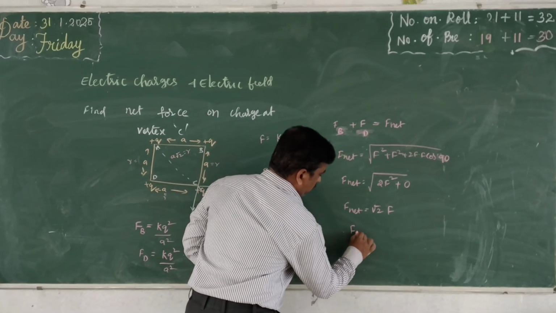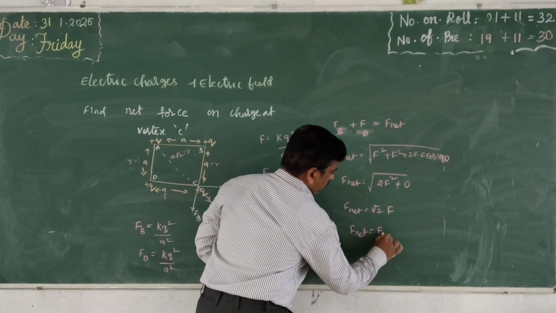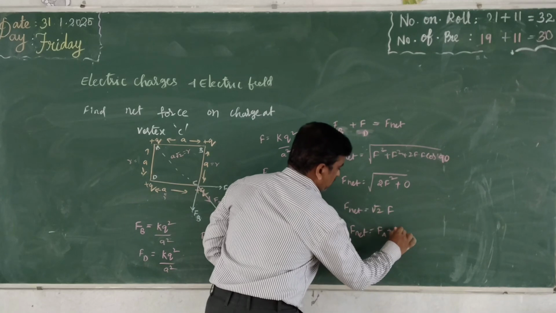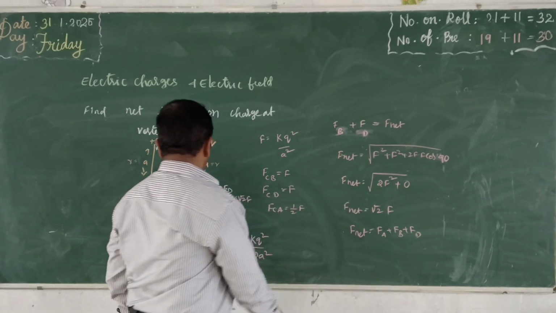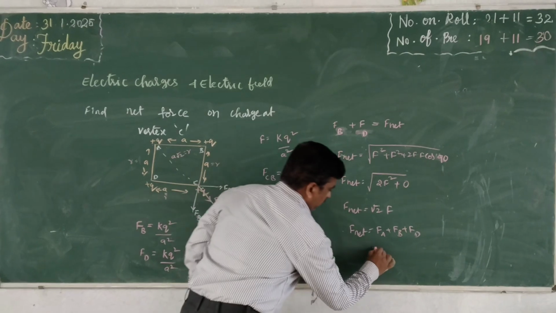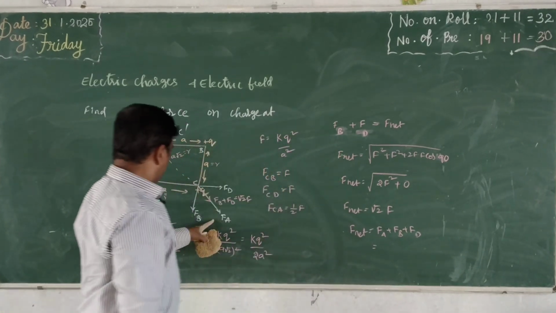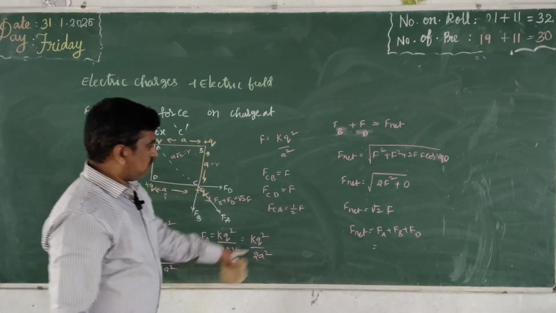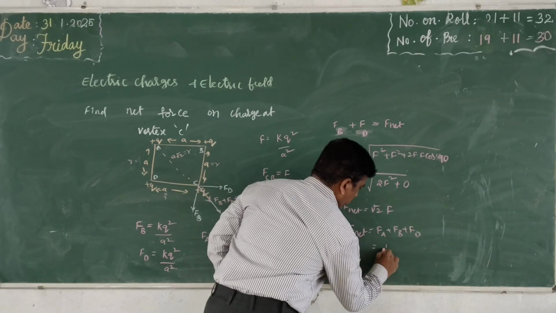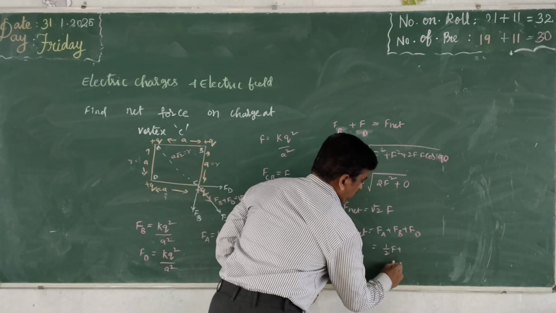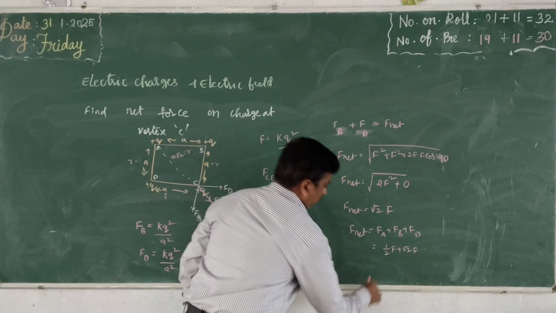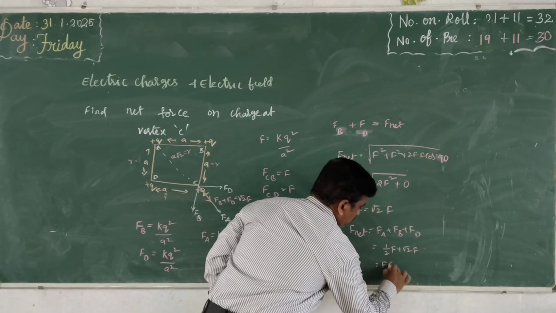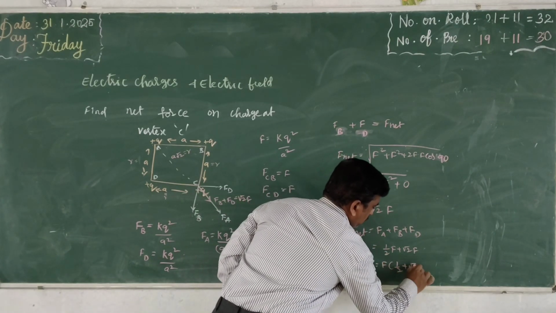See, F net, the total force, equal to F_A plus F_B plus F_D, that is what we can write. Now F_A is 1 by 2 F, plus F_B and F_D, which means root 2 F. So F common, 1 by 2 plus root 2.